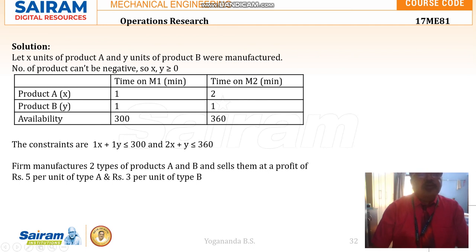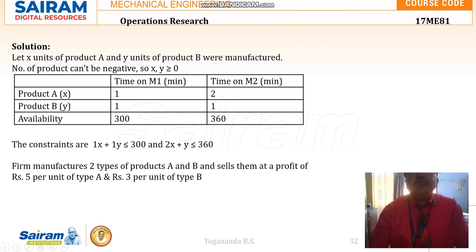So 1x plus 1y is less than or equal to 300. Similarly, on 1 unit of product A, time spent on machine 2 is 2 minutes. If I produce x number of units, total time spent on product A is 2x. Similarly, here it is 1 into y. So 2x plus y is less than or equal to 360 minutes.